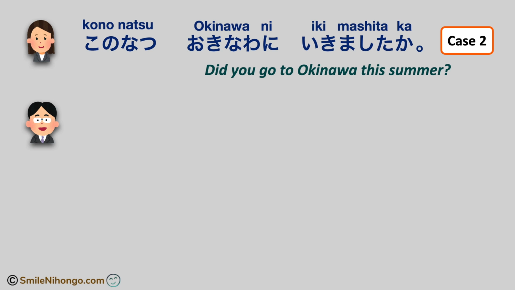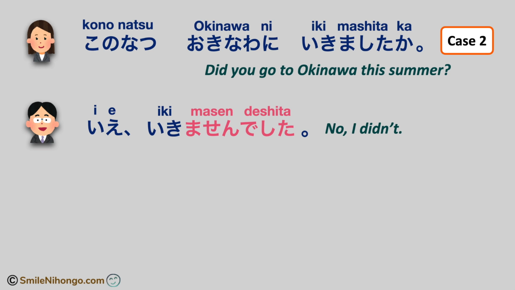Or, Did you go to Okinawa this summer as usual? Because they share the same background information that this man always goes to Okinawa in summer. In this case, he would say, いえ、行きませんでした, meaning, no, I didn't.